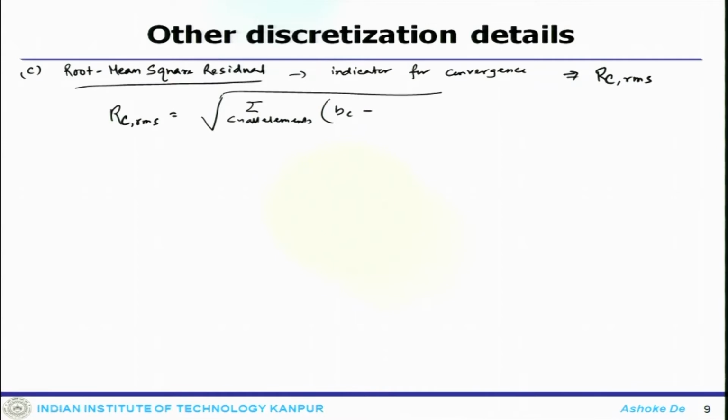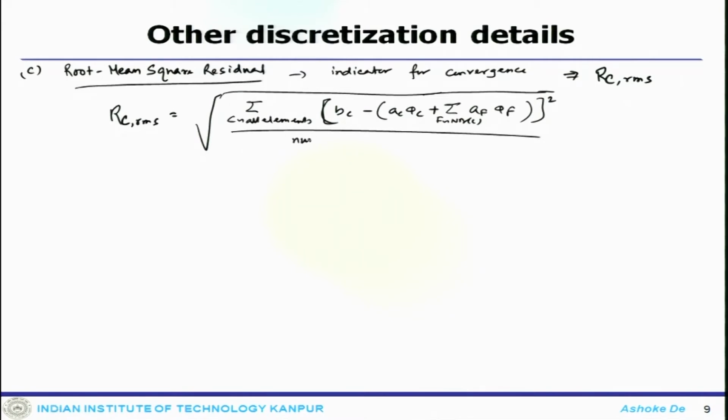BC minus AC phi C plus the sum over F in the neighbors of AF phi F, going over all the cells, squared, and divided by the number of elements.